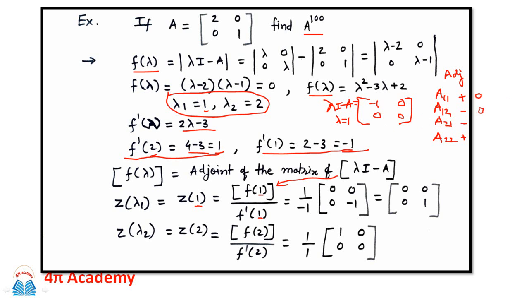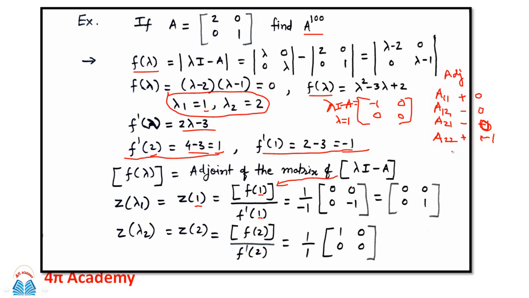Then for a21, you have to delete the second row and first column, so here it will be equal to minus 1. And for a22, you have to delete the second row and second column, so this will be minus 1. The second row and first column is again 0.